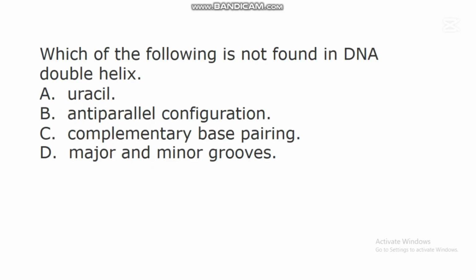In this question, the correct answer is A. Uracil. So research has shown that in a DNA double helix, there is antiparallel configuration, there is complementary base pairing, and there is also what we call major and minor groups. But there is nothing like uracil in a DNA double helix.